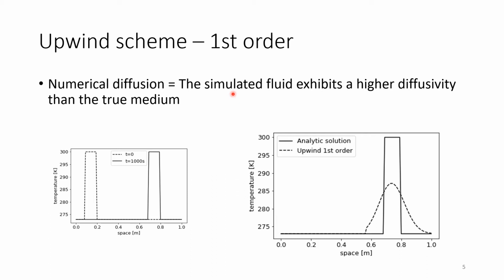If you also have a diffusive process, it might be a bit harder to see, but here I just took a very plakative example so that you directly see what numerical diffusion means.